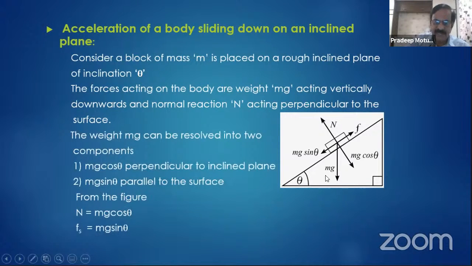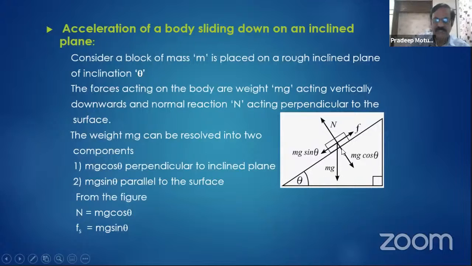Here the weight mg can be resolved into two components: mg cos theta perpendicular to the inclined plane and mg sin theta parallel to the surface. These two are the components of the weight mg. Of course, you already know this explanation from your previous classes on resolution of vectors.